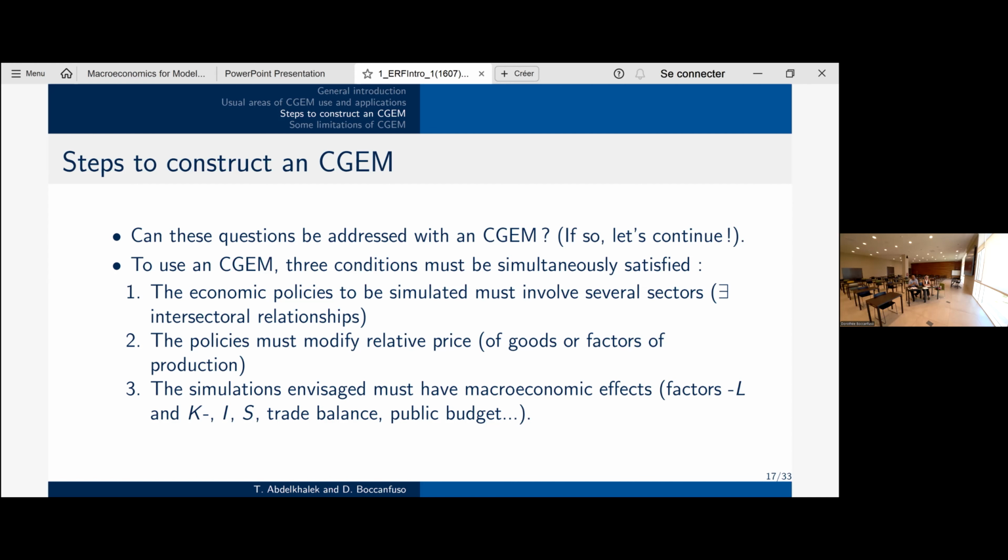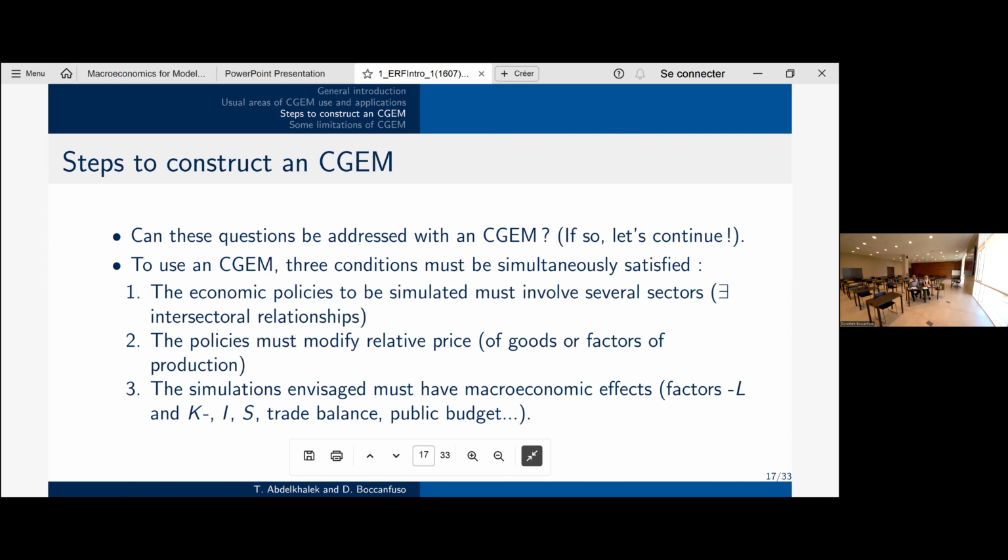It's not clear that we have to use a CGE model in this situation, because there is no macroeconomic effect of this policy, at least in the short term. So it depends on the question you have. If you have a specific question, we can look at whether we have this.